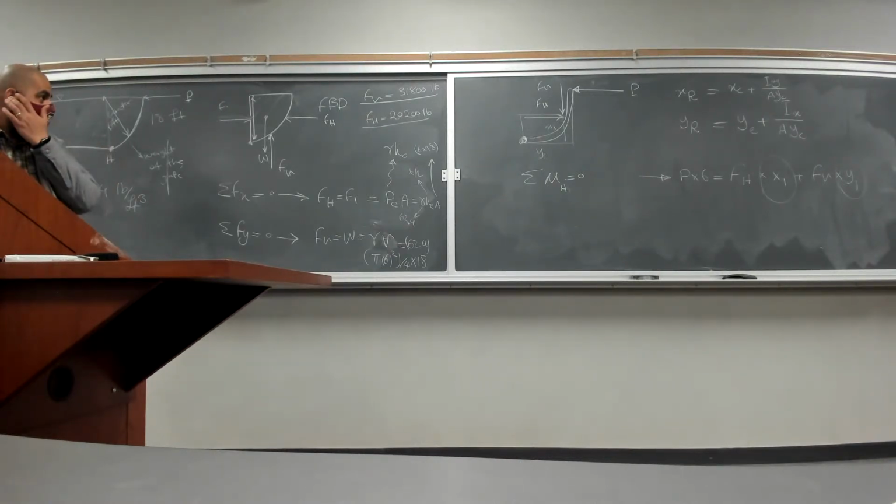The location of the centroid in the x direction is going to be 0, right? Because we are starting from this coordinate system that starts from 0. So it's in the same plane, x sub c is going to be 0. So we are going to be left with the moment of inertia, area, and y of c.